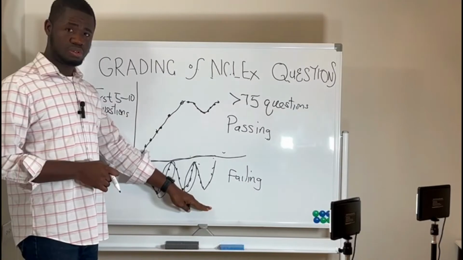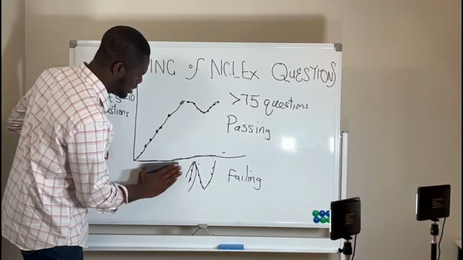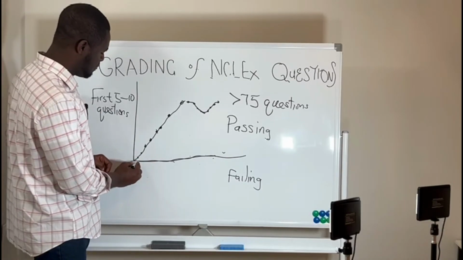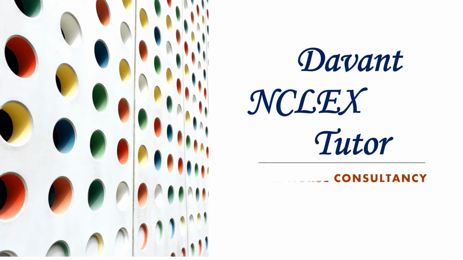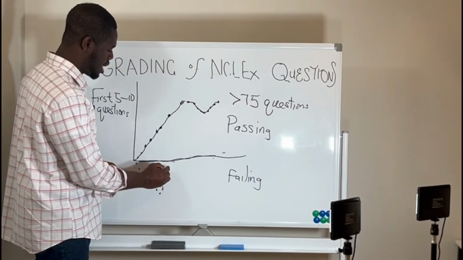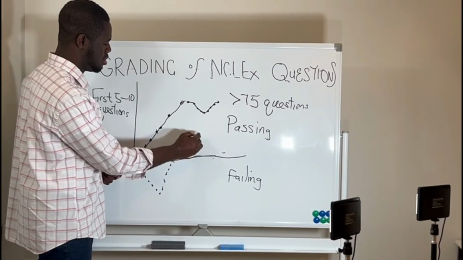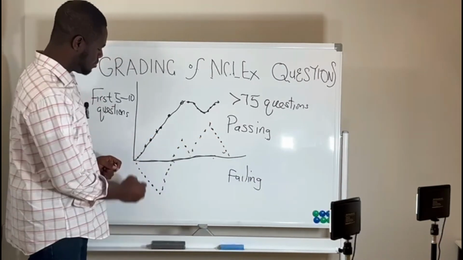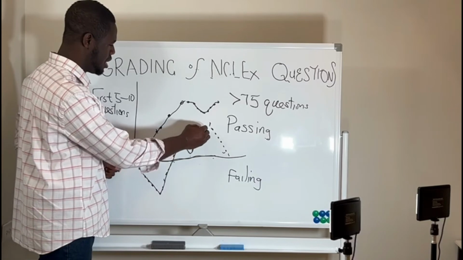For instance, if the candidate at first maintains a curve that is below the line but struggles to rise above the line, like this, you can see the trend of the candidate's progress.